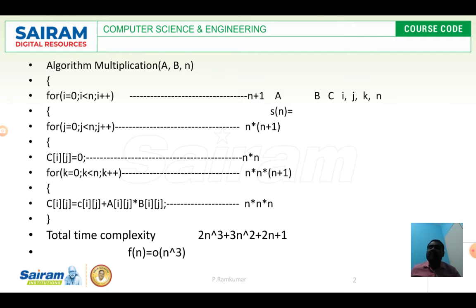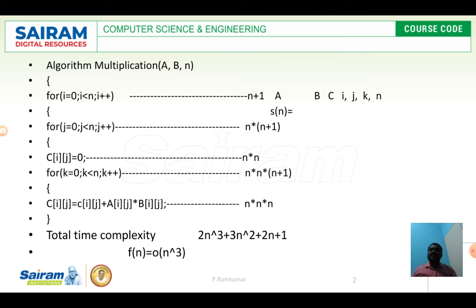Then below we have one for loop, that is j equal to 0, j less than n, j plus plus. This loop will be executed n number of times, provided it comes under the control of the above for loop. So n number of times, and C of ij equal to 0 will be n number of times, the k for loop also n number of times, and the computational part is also n number of times. Next I am going to consider the j for loop. In this loop, I have j equal to 0, j less than n, j plus plus. j equal to 0 takes 1 unit time, j plus plus will be n number of times.